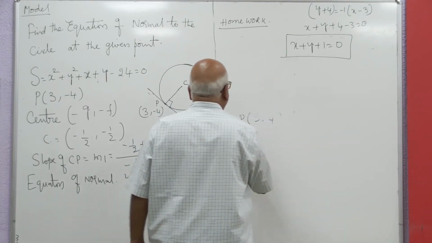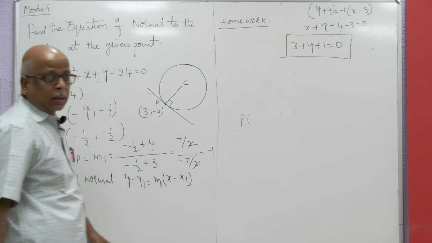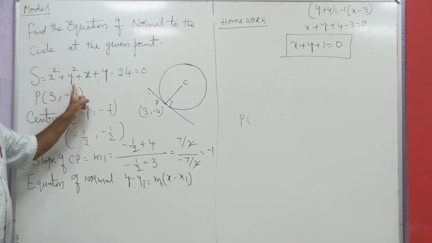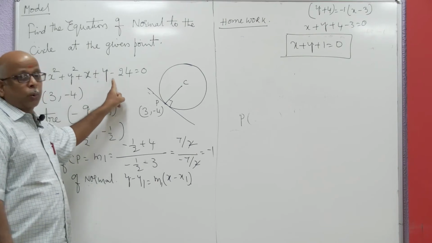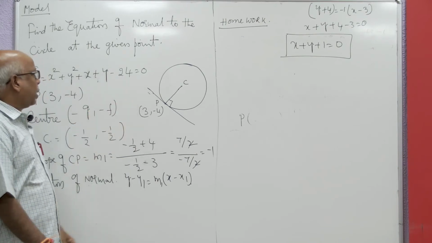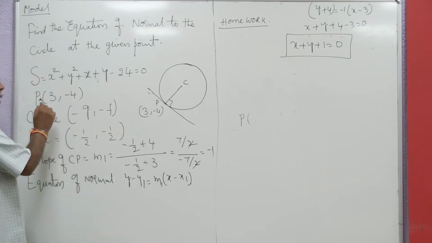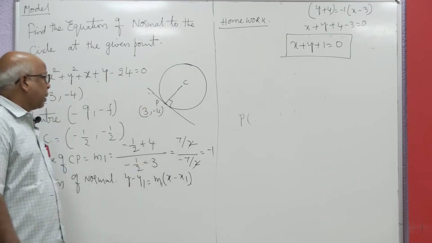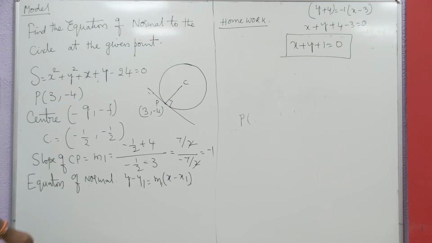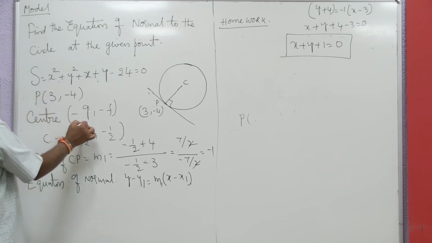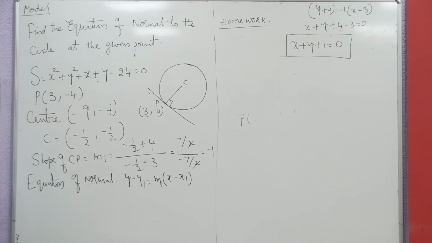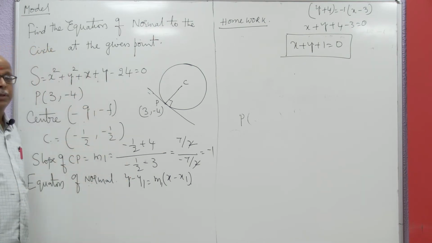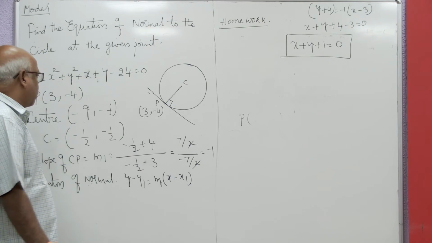I repeat, here the circle equation is given as x square plus y square plus x plus y minus 24 equal to 0. Given point is 3, minus 4. Let us take up the equation of normal. First of all, I determine the center. Coordinates are minus g, minus f. g means half of the x coefficient, f means half of the y coefficient.